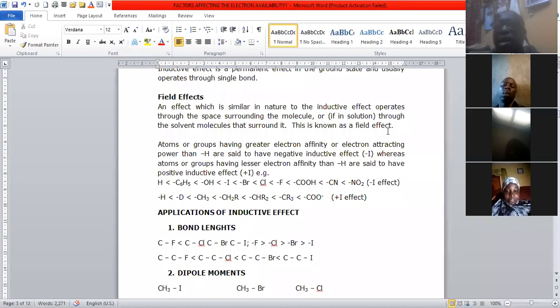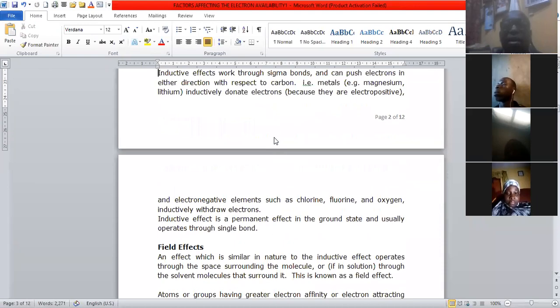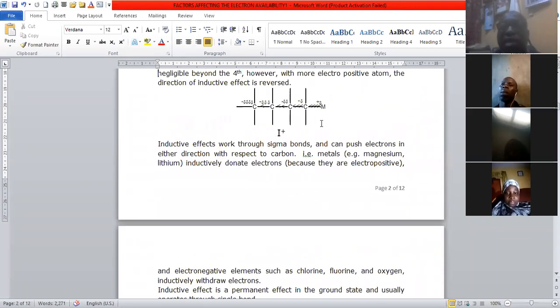Now, if you look at the example we showed above, let me show you. Look at this example here. You can see that this metal atom is attached to this chain of carbon. In this case, you have a direct inductive effect, in this situation a positive inductive effect. But when you say field effect, that atom is not attached to the carbon chain.